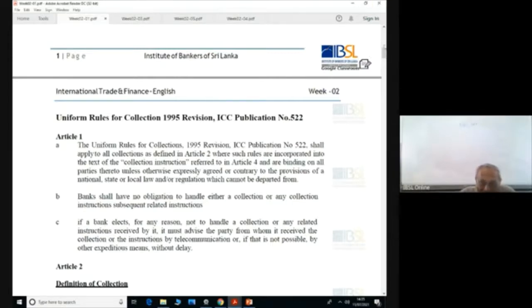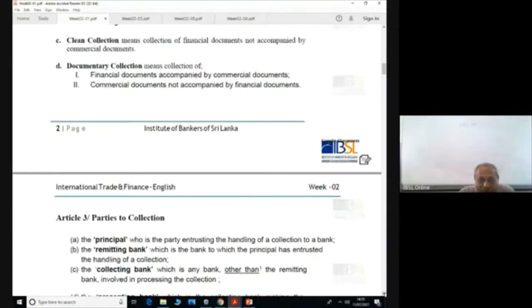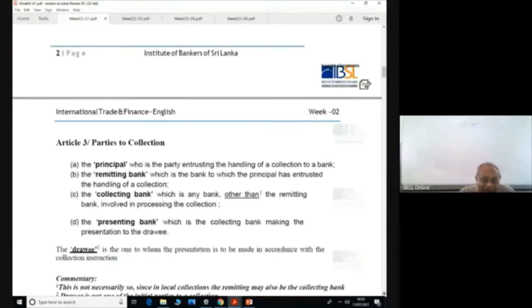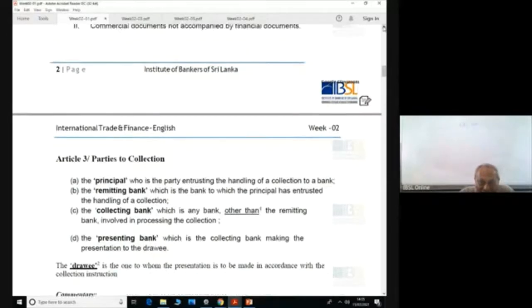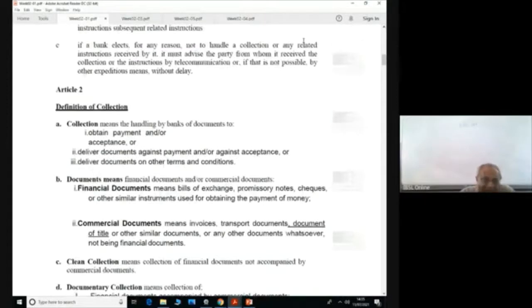Article 1, Article 2, Article 3, Article 4, it continues like this. As we go forward, I will refer to these articles. You have to check. Today itself, you have to get a printout of this and keep it with you like the Bible. Like the Bible, right?